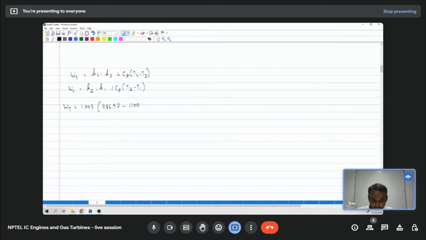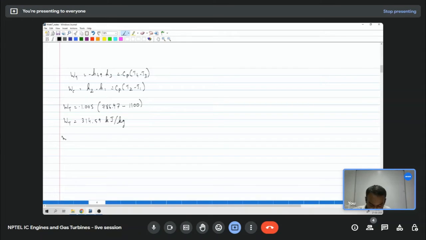Actually it should be T3 minus T4, so I would write a minus here. So then it will become 314.59 kilojoule per kg.